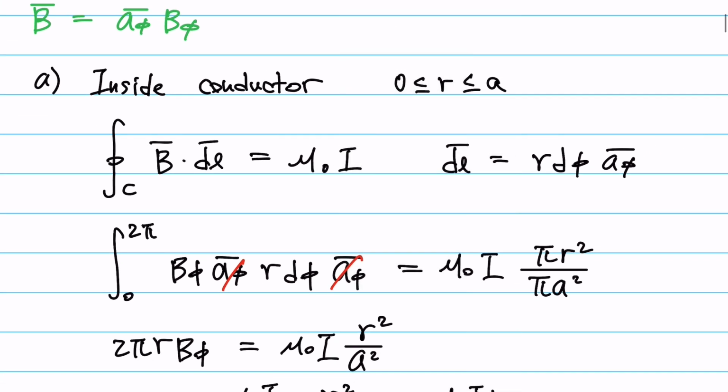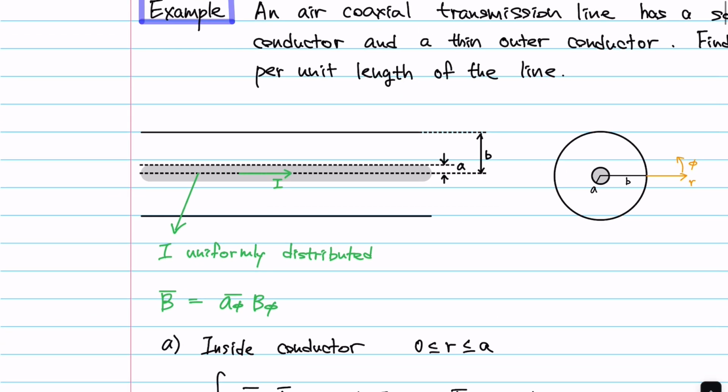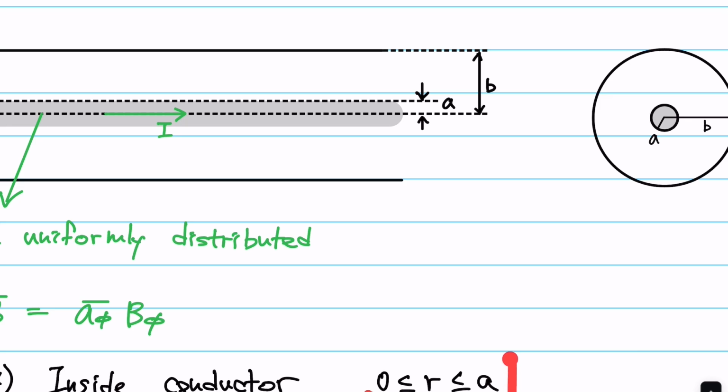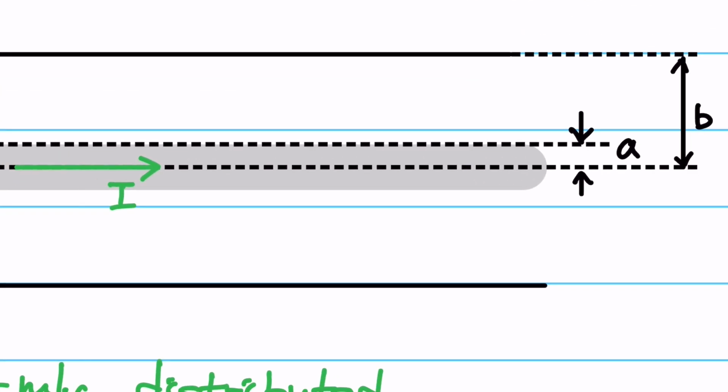So depending on where you are between 0 and a, the r can vary from 0 to a. So you have to figure out the ratio between the total amount of current, which will be based on this a radius, versus whatever radius that you apply.